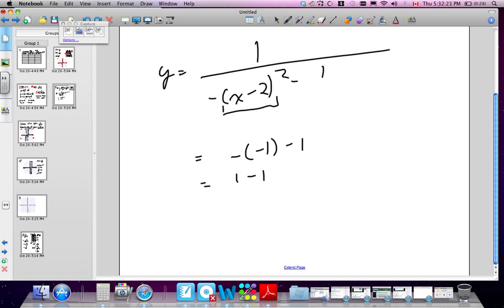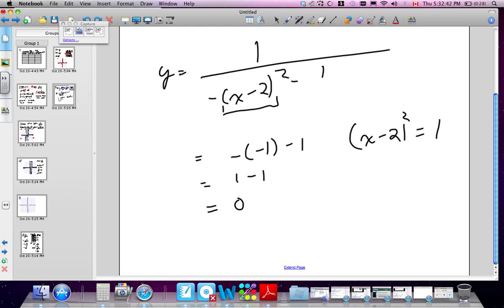What's that going to end up being? 1 minus 1, which equals 0. But that's not exactly our x value. So we know that these brackets themselves can never actually equal the number 1. So x minus 2 squared can't equal 1.